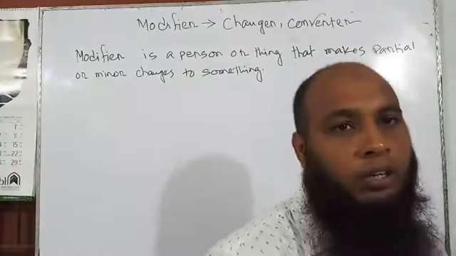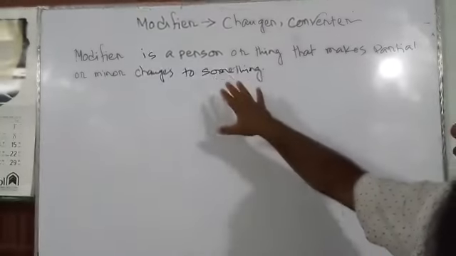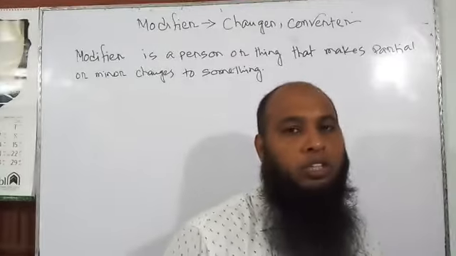My dear, it is modifier, and in English grammar we got the name from this modifier. So it is a person or thing that makes partial or minor changes to something.